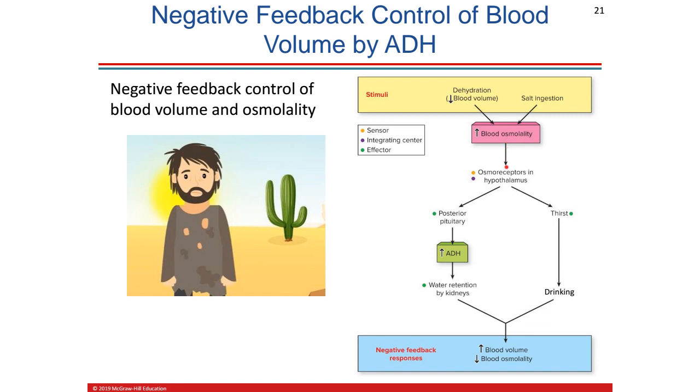Okay, so now this will then stimulate osmoreceptors, which are neurons within the hypothalamus. They will then activate thirst. So if he's able to drink, he'll drink. This will, of course, increase the blood volume and decrease the blood osmolality. At the same time, within the hypothalamus, you have neurons that are neurosecretory.